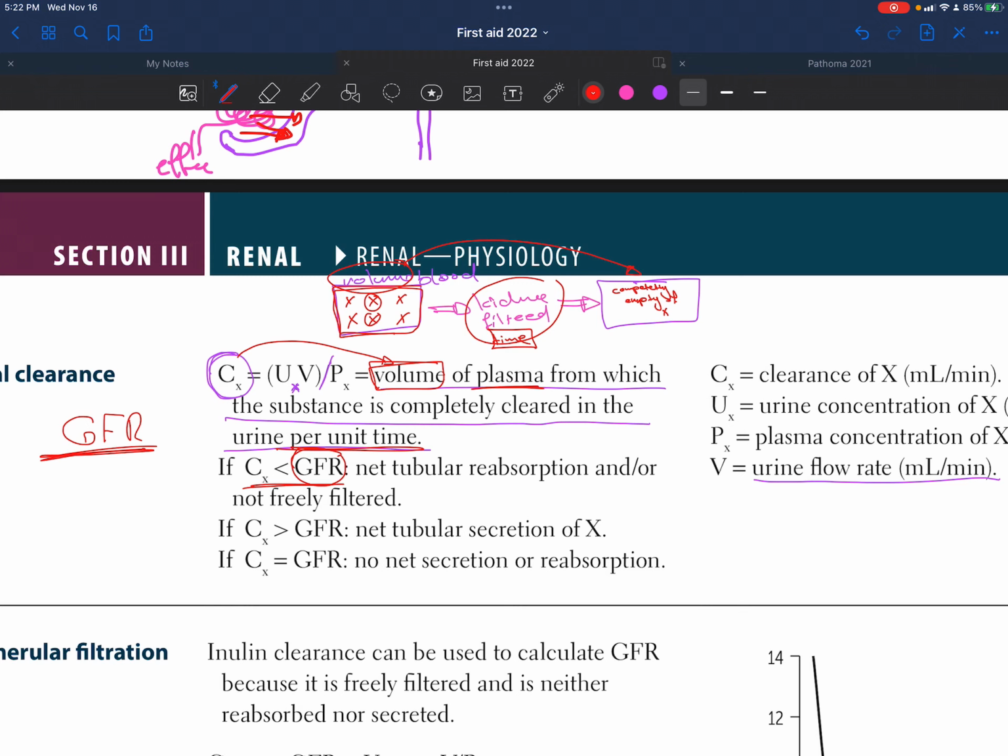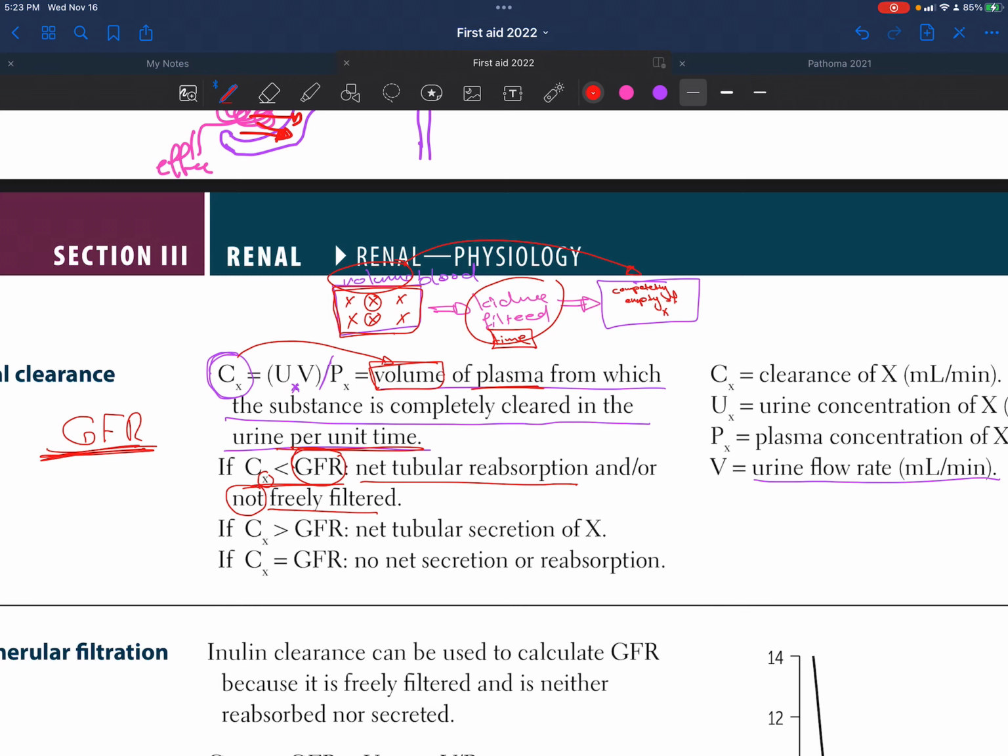So if the clearance of that material is less than the normal GFR for that person, that means there is net tubular reabsorption and/or it's not freely filtered. That means after that material is filtered through the glomerulus into the Bowman's capsule, the tubule is reabsorbing more of it from the urine again, or it's not completely filtered, not completely cleared from the blood. That is if we see that the clearance of the material X is less than the GFR.